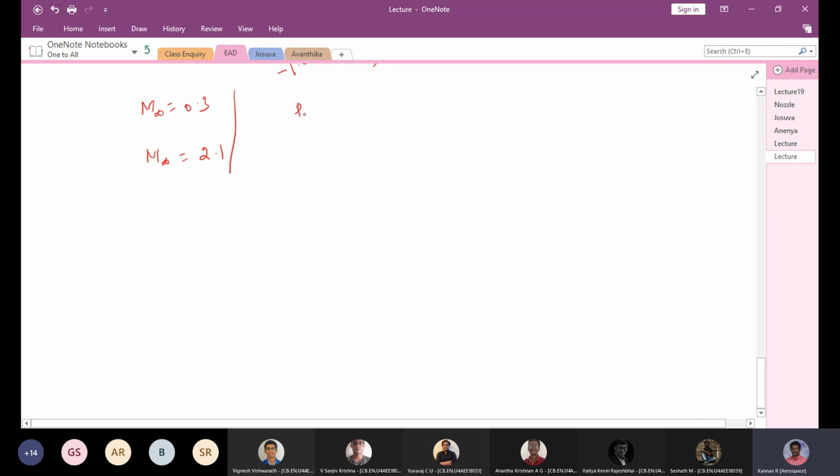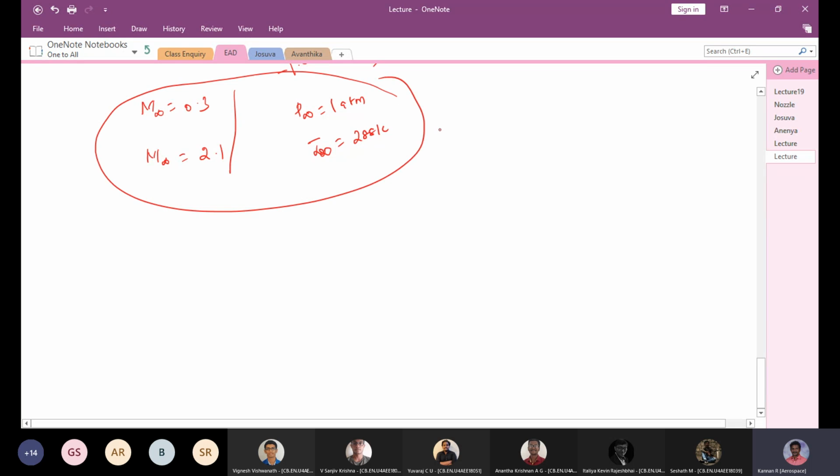Your P infinity is going to be 1 atmosphere and your T infinity is going to be 288 Kelvin. Can you tell me what is the possible percentage of error if you treat the flow as incompressible?